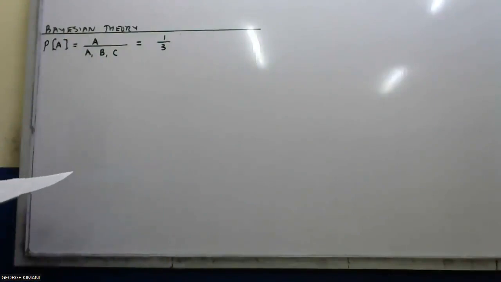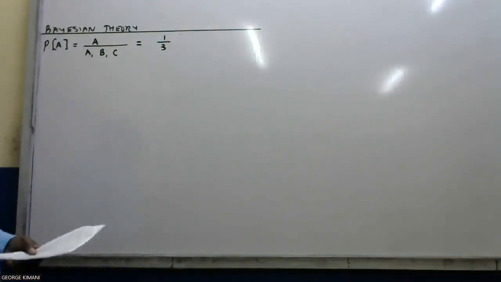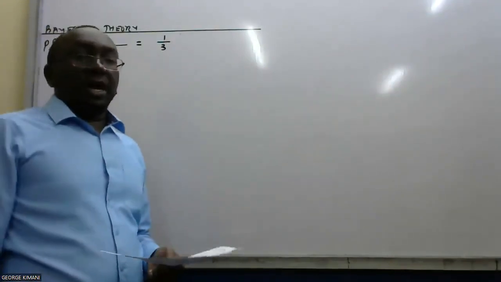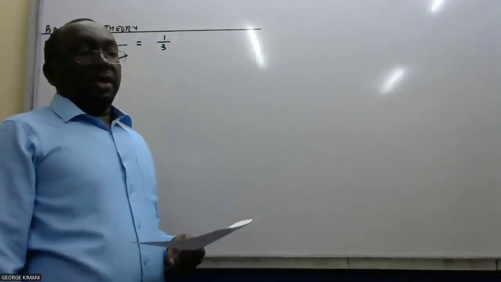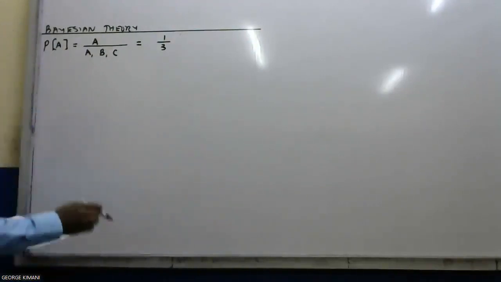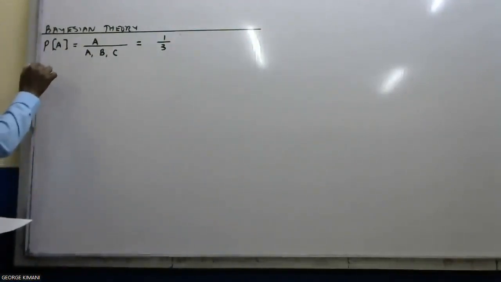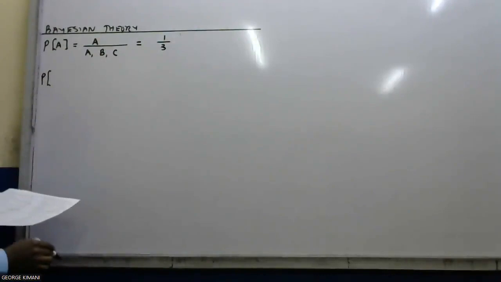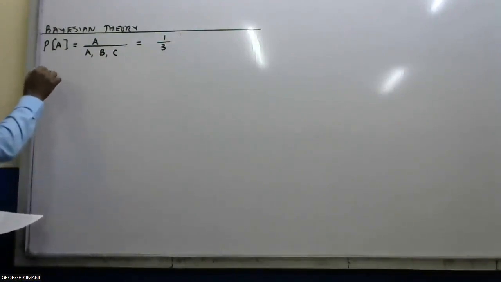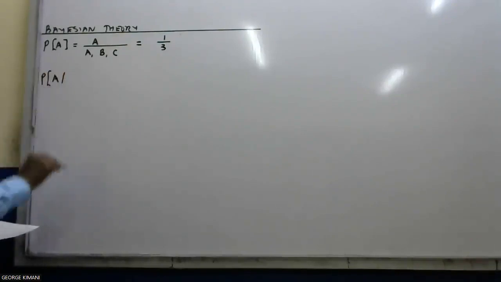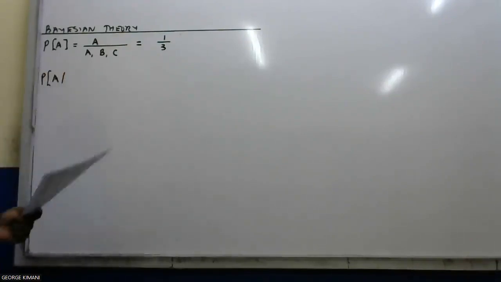What is the probability of selecting a gold coin from bag A? Now, when you're dealing with these questions on Bayesian rule, it is advisable you start where the question has ended. So if you look at the question, it has ended at bag A. So you start with A this way. Given, I told you that the vertical bar represents given.